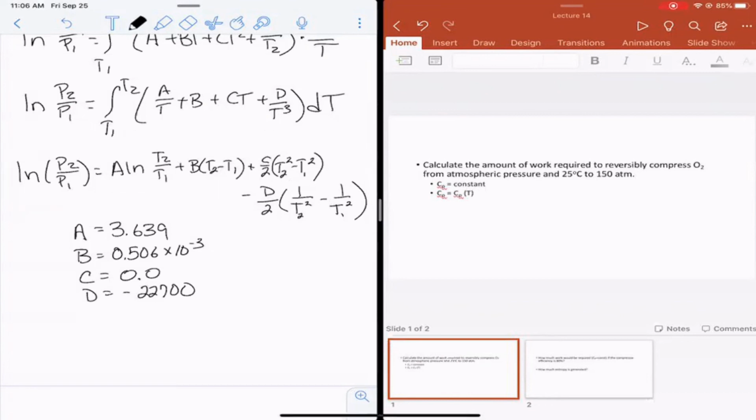And when I did that, I found that the final temperature was equal to 1169 Kelvin, which is 896.8 degrees C. Okay. So that's pretty significantly different than what we calculated in the previous problem where the heat capacity was equal to a constant. And maybe that shouldn't be too surprising.